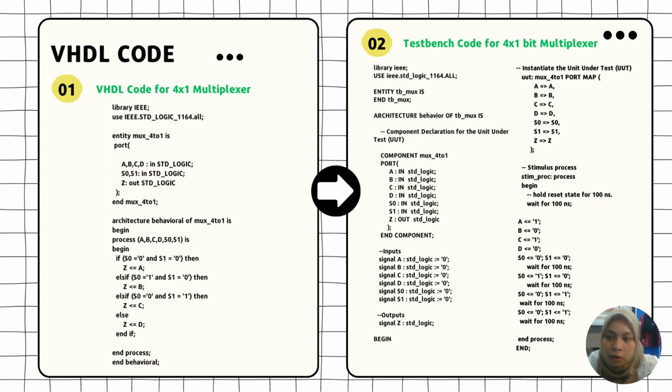Okay, secondly, for the test bench code, this VHDL test bench named TB_mux evaluates the behavior of a 4 to 1 multiplexer. The test bench instantiates the multiplexer unit under test and defines stimulus signals, which are A, B, C, D, S0, and S1. The process section includes a series of signal assignments to simulate different input and control scenarios.